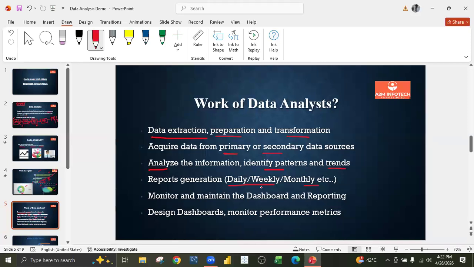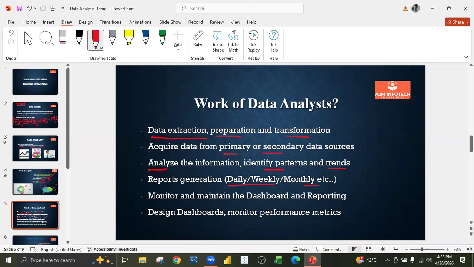They want to know the everyday sales. In weekly reports, they want to know how many sales were made in the entire week, and in which area we have the highest number of sales. All this information comes from daily and weekly reports.